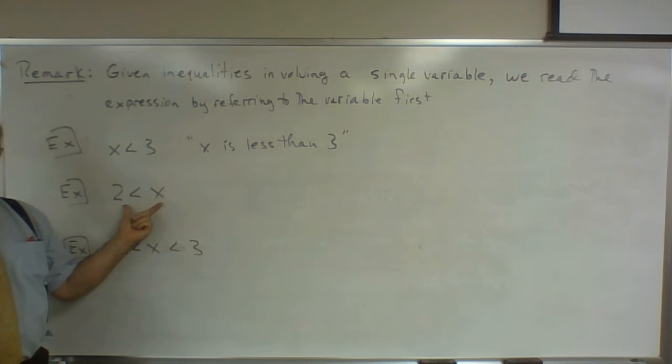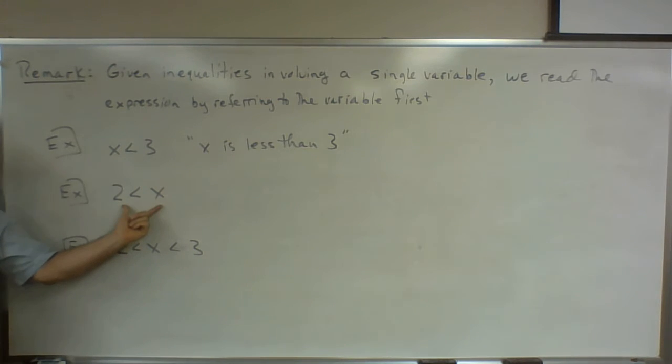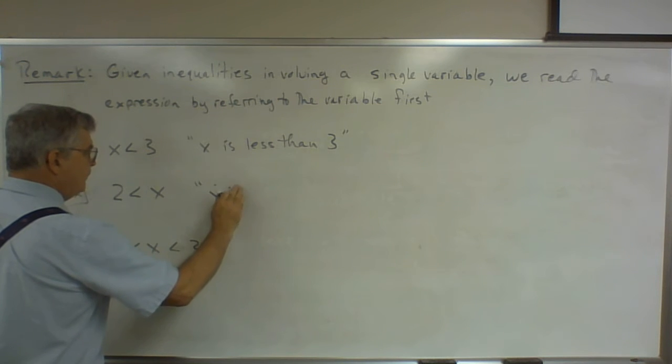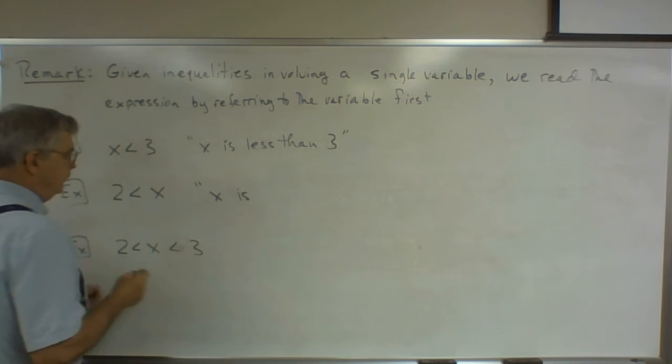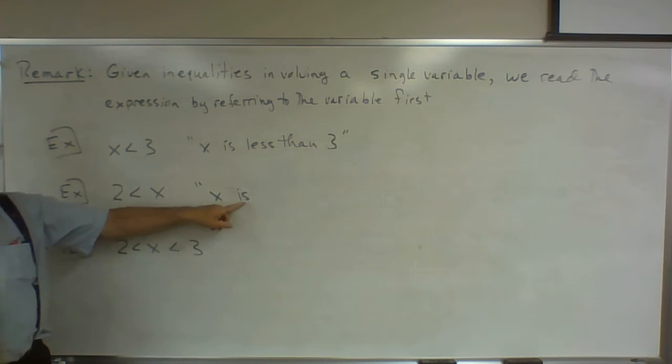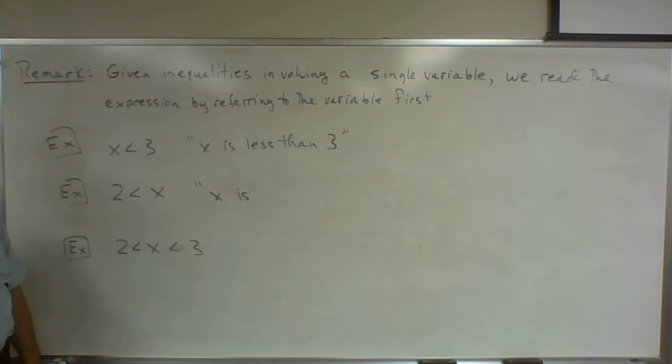But now what about this one? We want to read this and refer to the variable first. So we start off referring to the variable and we say x is, okay, x is what? Well, here the inequality sign points to the 2, so 2 is the smaller number, which means that x is the larger number or the greater number.